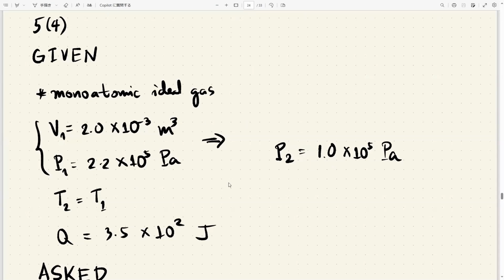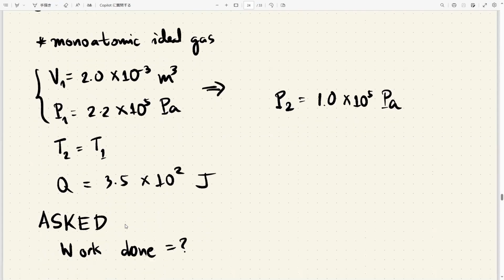During this process, the temperature is kept constant. And overall, after the entire process, a total of 3.5 times 10 squared joules of energy was added to the system. We are now asked how much was the work done by the system.